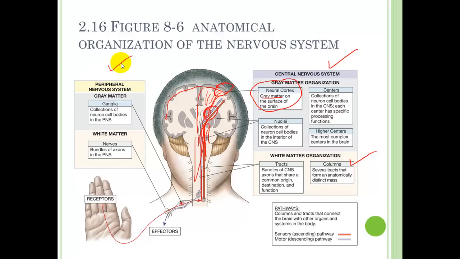We have two types of matter still in the brain tissue, which are gray matter and white matter. The gray matter is composed of the ganglia, which are a collection of neuronal cell bodies, again somal bodies with dendrite access. Then we have white matter, which are nerves, bundles of axons in the peripheral nervous system. Now these can be quite long. An axonal body will go from the point of origin, or somal head, to the actual effector tissue.